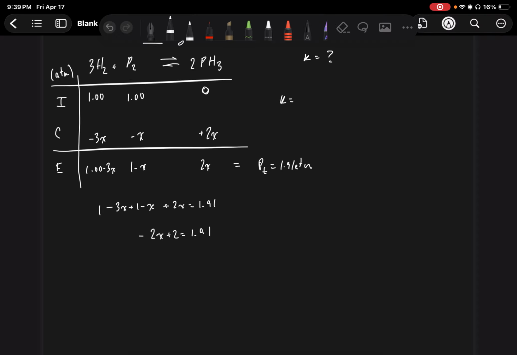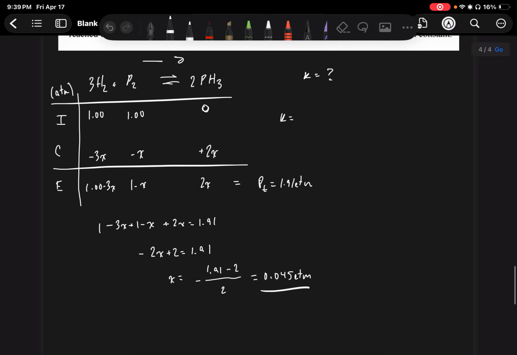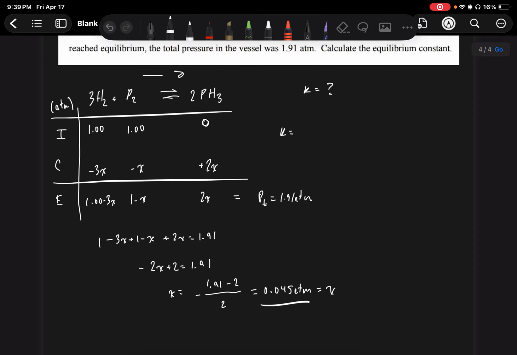What work is that? Well, I don't even know what I'm doing right now. What? How did they get that number? Oh, wait, no, that's what other you have. Okay, this is equal to 0.045 ATM. Okay, so we found out that x is equal to that. Now K is going to be equal to products over reactants. So 2 times 0.045 squared.